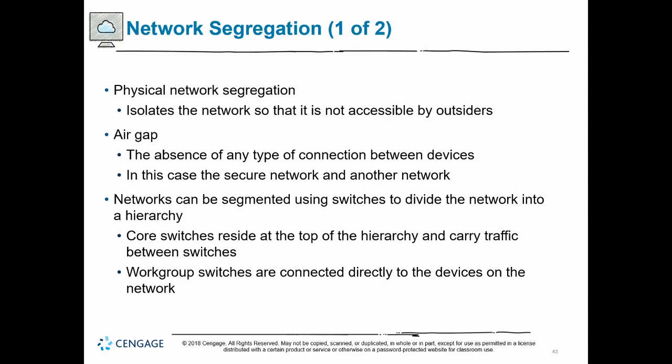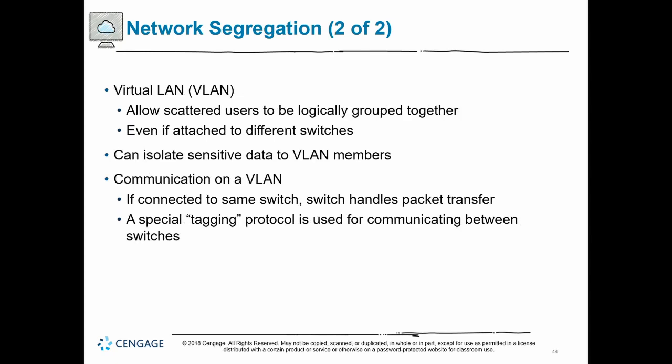Networks can be segmented using switches to divide the network into a hierarchy. Core switches reside at the top of the hierarchy and can carry traffic between switches. Workgroup switches are connected directly to the devices on the network. So this is all network segregation, right?